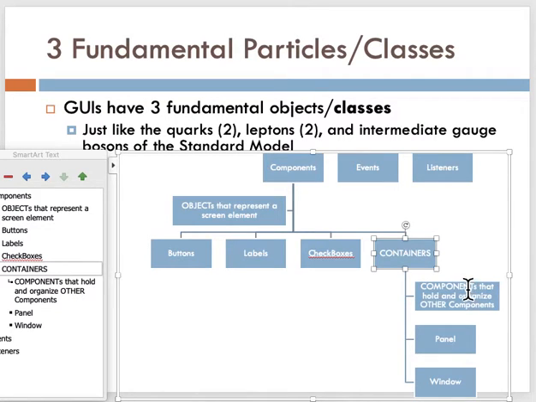And these are simply components that hold and organize other components. This would be something like a panel. Imagine an old-fashioned window, which has an outer pane and then an inner glass panel. That's what that panel is. The panel we refer to here is that invisible glass panel, and on it you can organize all of the visible and also some other invisible elements.